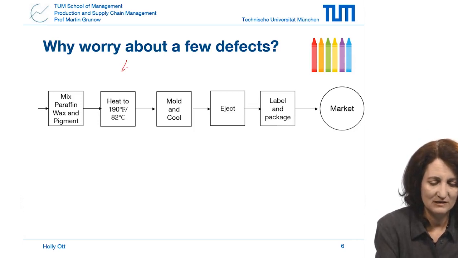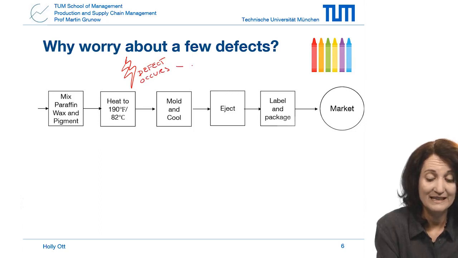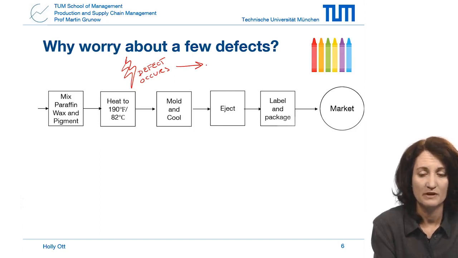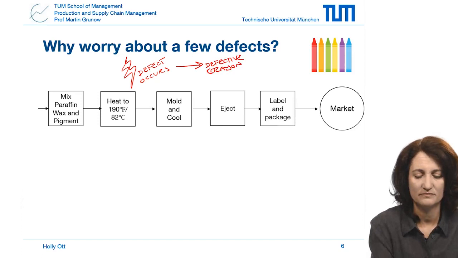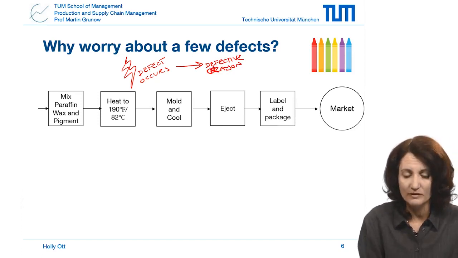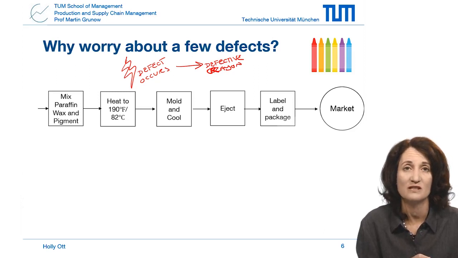Let's just arbitrarily draw where the defect occurs. And this leads, in my example, to a defective crayon. A defective product, or if we were a service process, it would be a defective service.